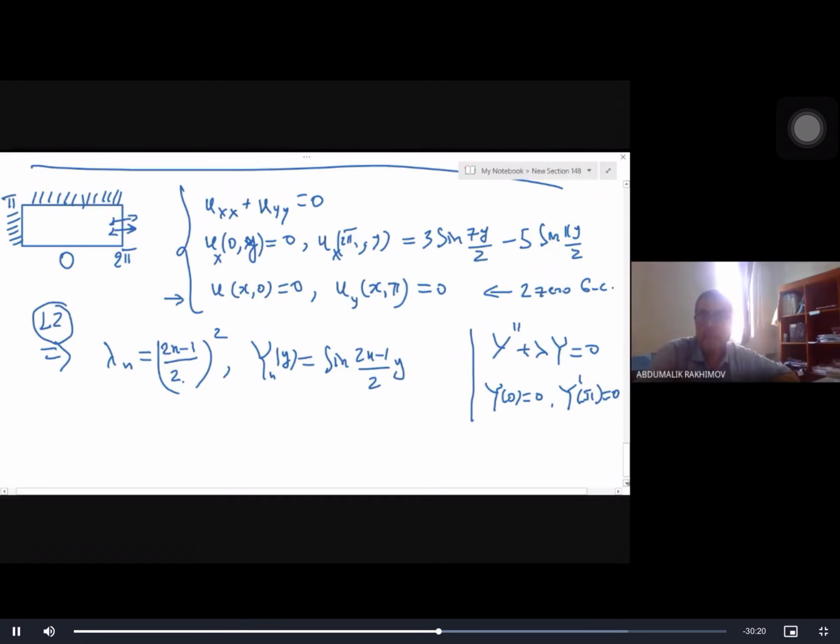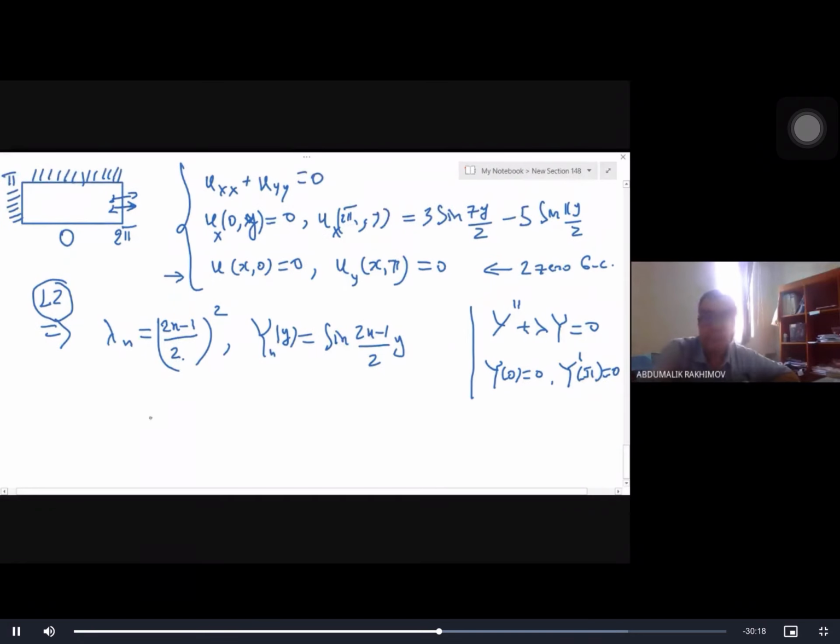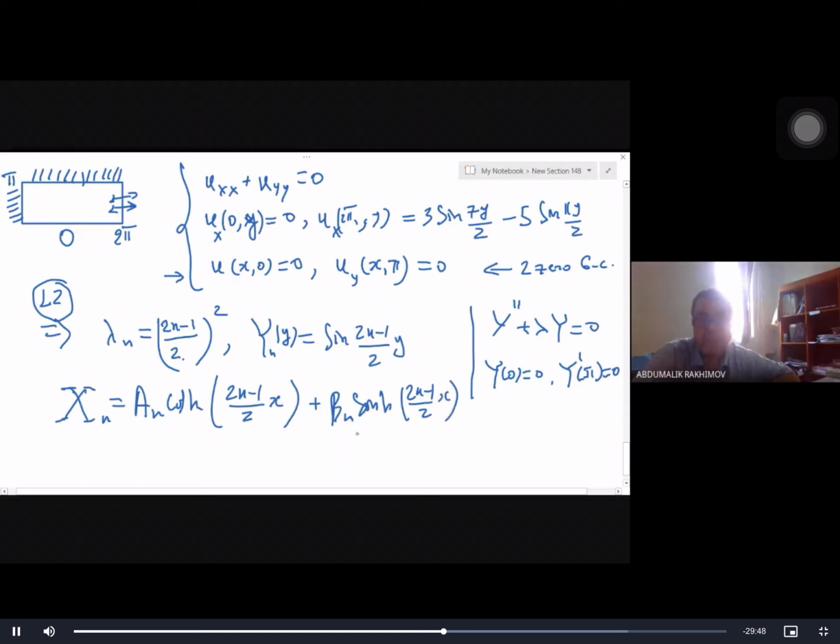For x, you will have minus lambda here. That's the difference. Then for x, I have the solution: Xn is equal to an cosine hyperbolic 2n minus 1 over 2 x, clear? Plus bn sine hyperbolic 2n minus 1 over 2 x. This will be xn.